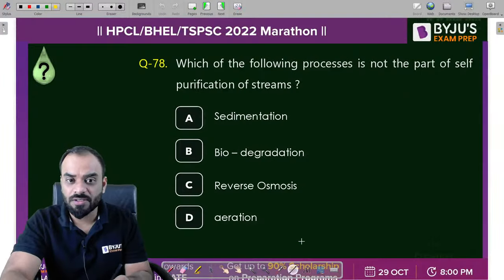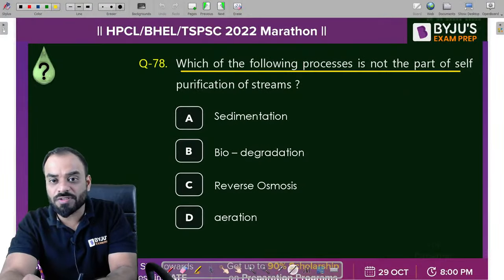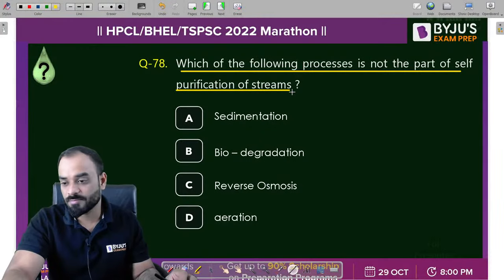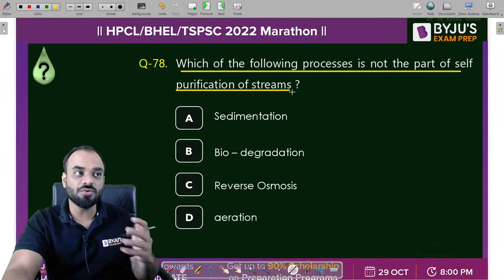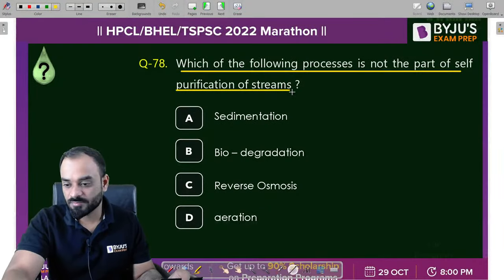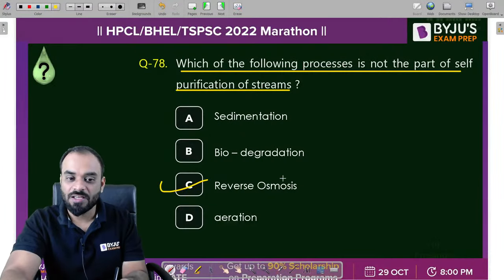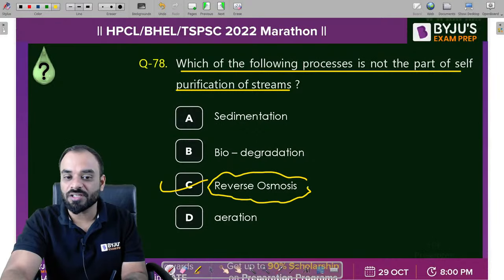Next question, guys. Which of the following processes is not part of self-purification of the stream? Self-purification means the stream is trying to purify itself. Reverse osmosis. Yes, such a process is not to be there in your stream.